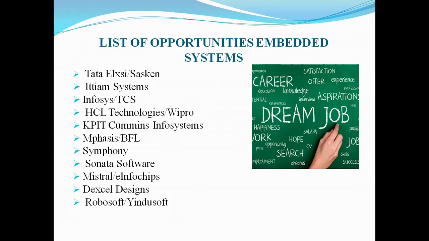These are the companies on the embedded system platform: Data Patterns, ITM Systems, Infosys, HCL Technologies, KPIT, Cummins, Mphasis, Symphony, Sonata, Mistral, Tata Elxsi, Robosoft, and Robert Bosch. These are all familiar companies around India.